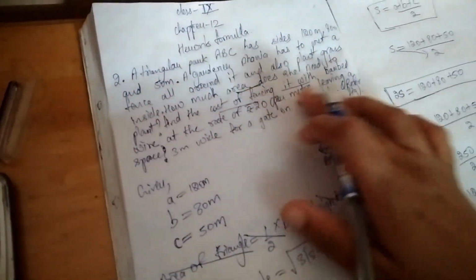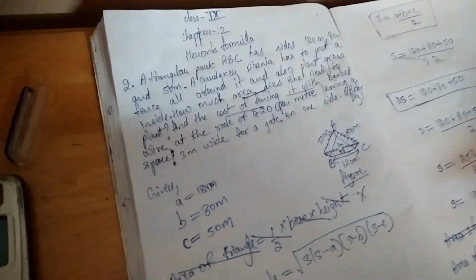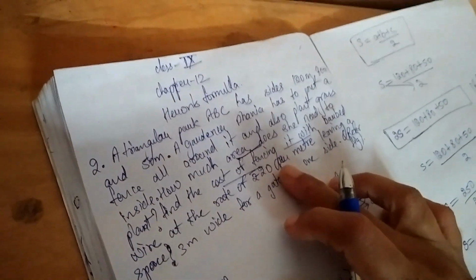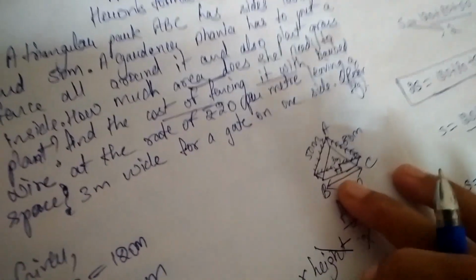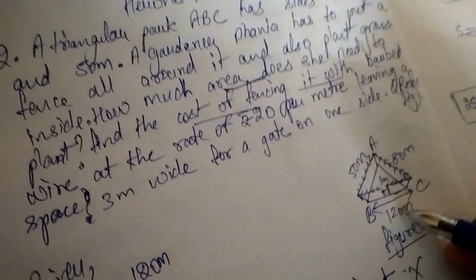Then we need to find out the cost of fencing. The cost per meter is rupees 20. So now we know the complete area and we know the per meter price. But in the figure, if you closely see, there is a 3 meter gap for the gate.